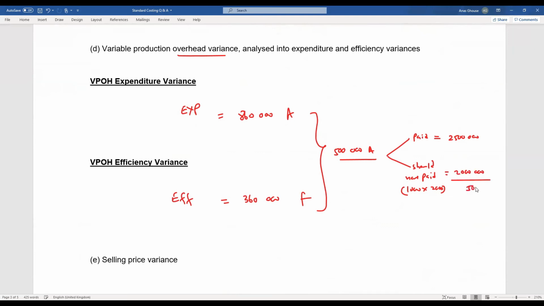So the total variance is adverse 500,000. This consists of expenditure and efficiency variance.